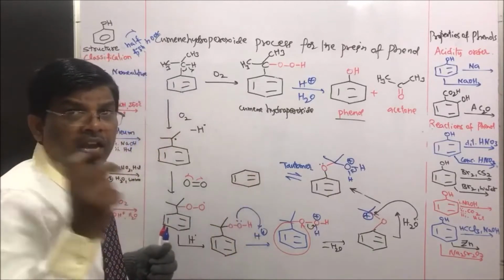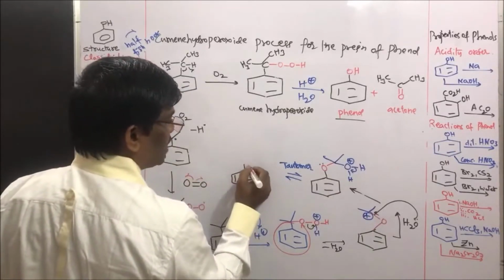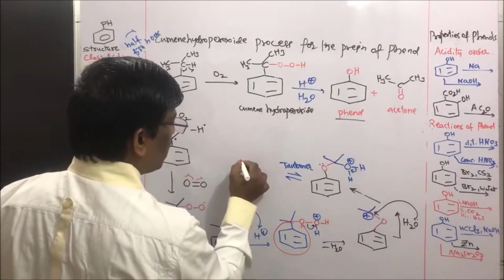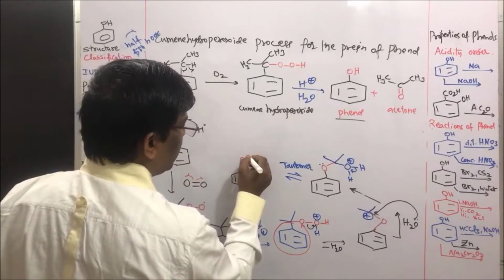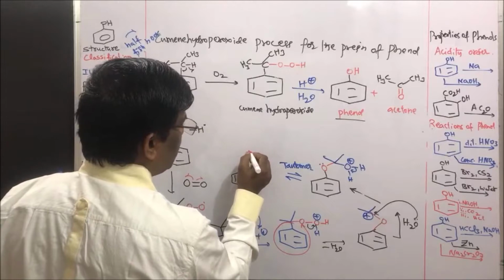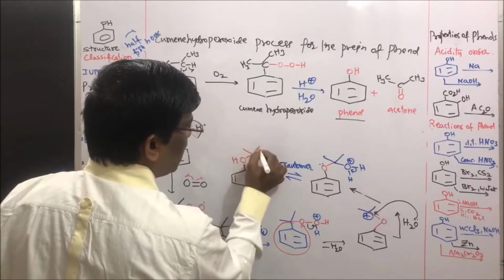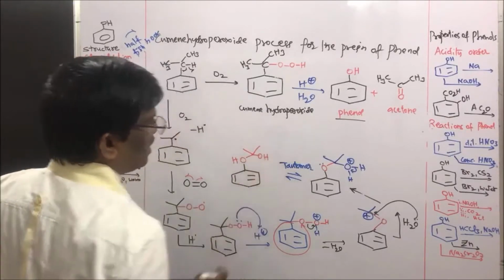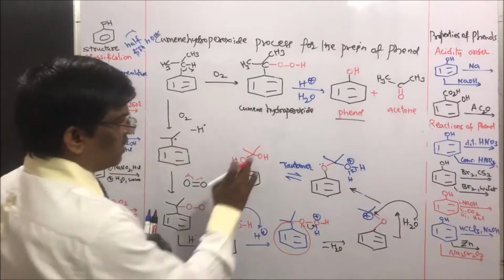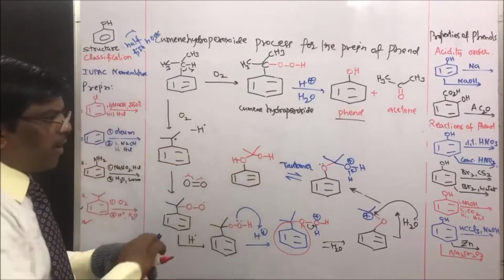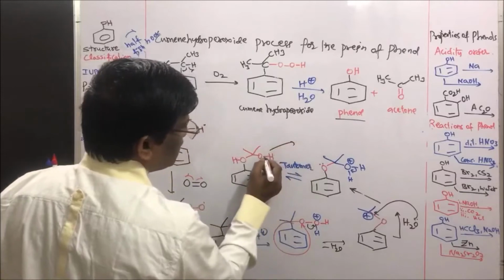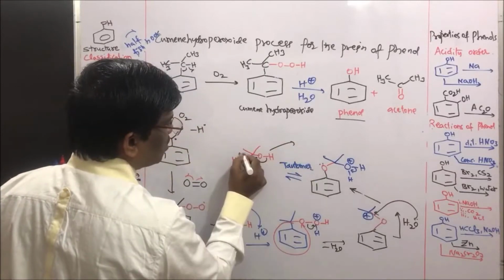This mechanism is very, very important, students, with respect to your board exams, or even with respect to your entrance exams also, because it has been asked so many times, the intermediate structures. So this is the intermediate. Now what is going to happen is it loses this proton. What is the charge here?